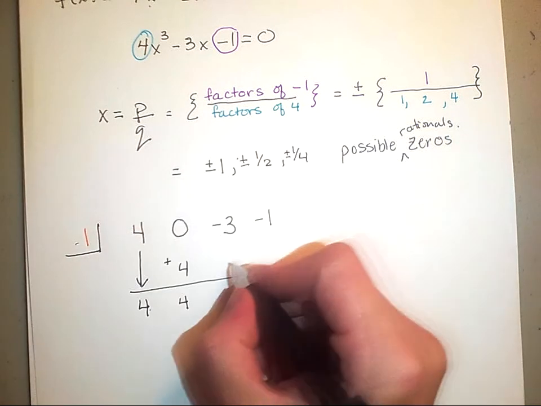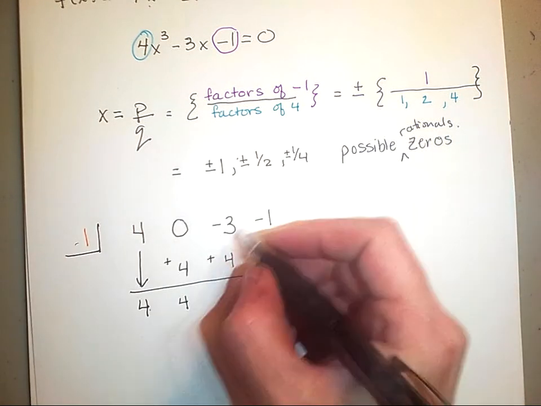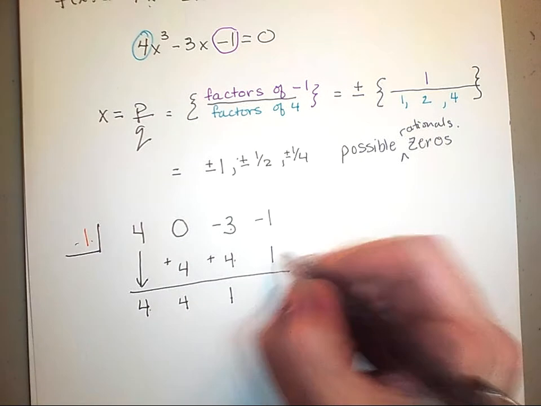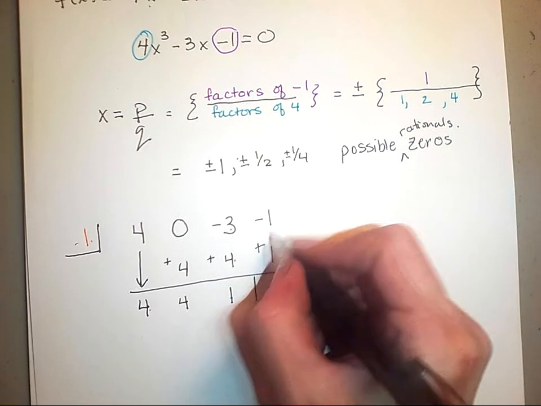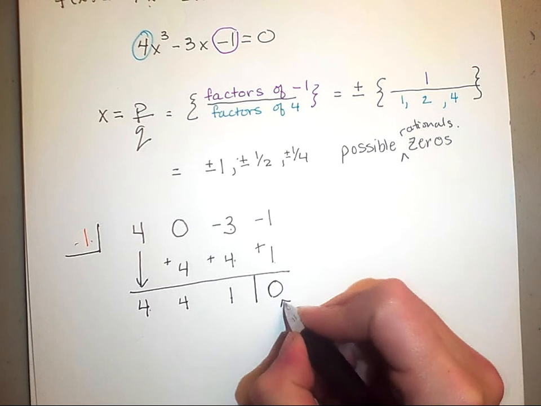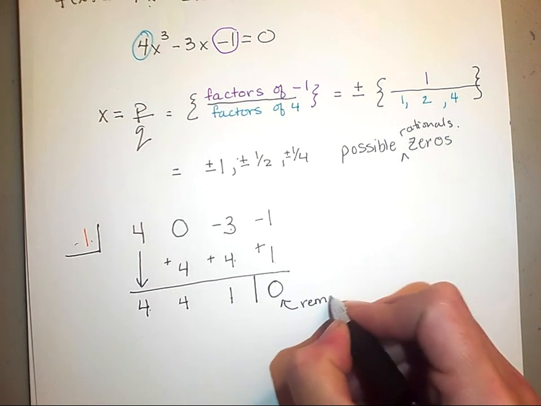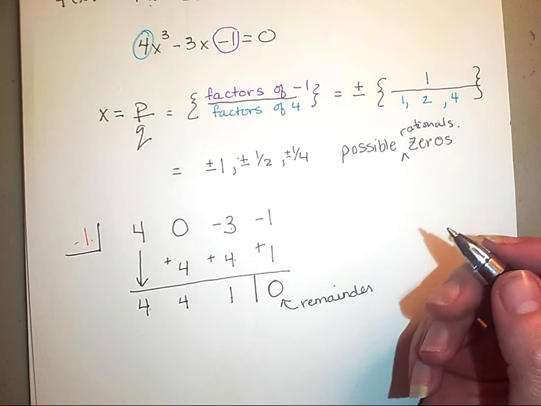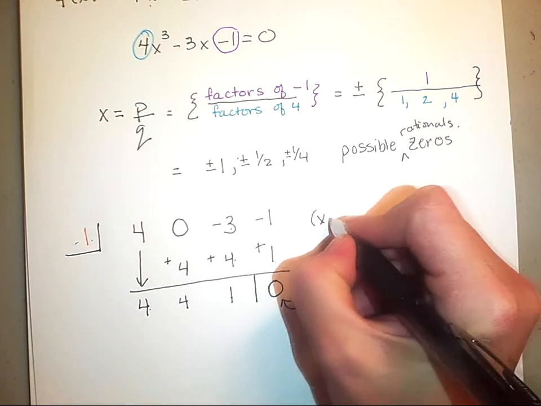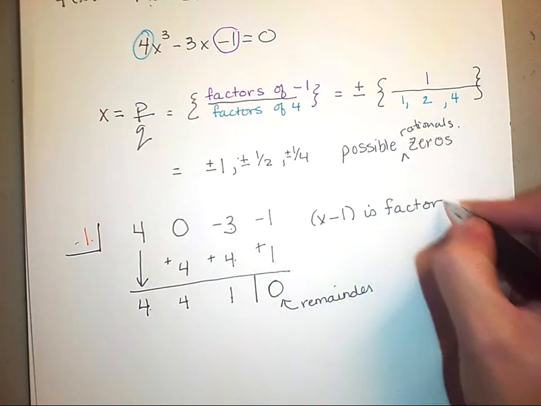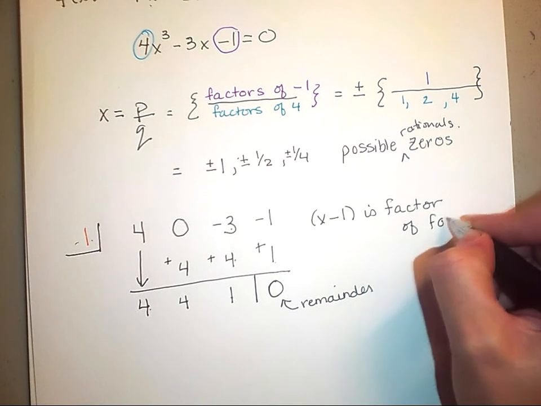Now we add -3 plus 4 is 1. 1 times 1 is 1. And -1 plus 1 is 0. Remember, this last one is the remainder. So what this means then is that x minus 1 is a factor of f of x, because the remainder is 0.